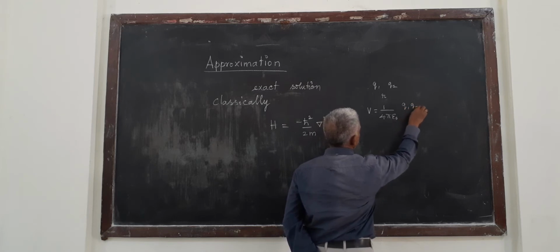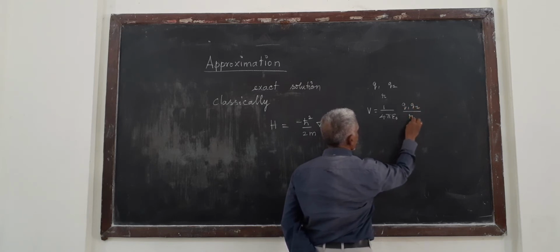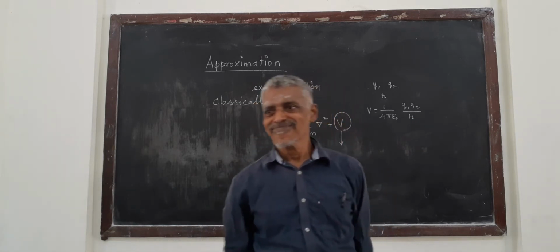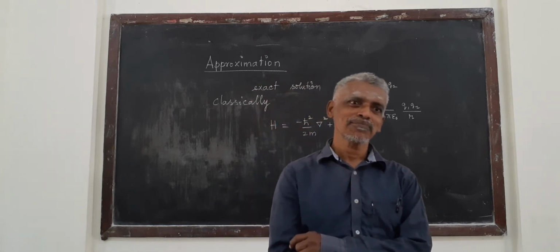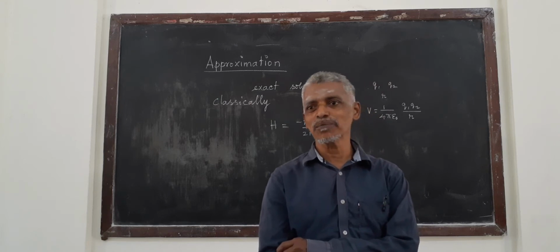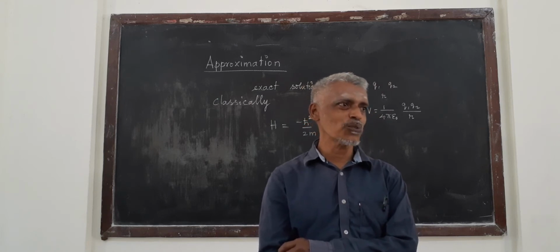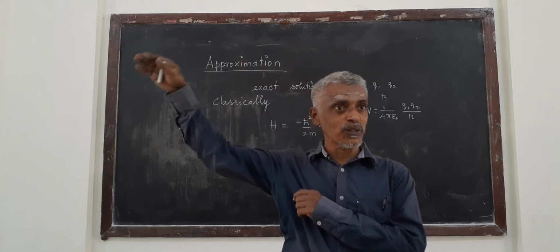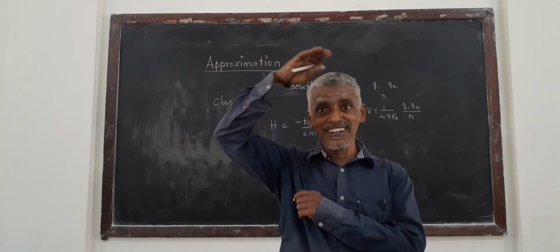Q1 Q2 over R square. R or R square? Then my dear young students, you may have to go down. Already I said I used to draw a line, a horizontal line.